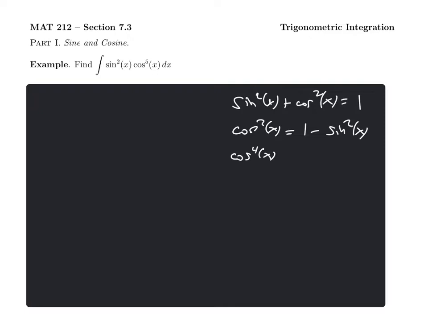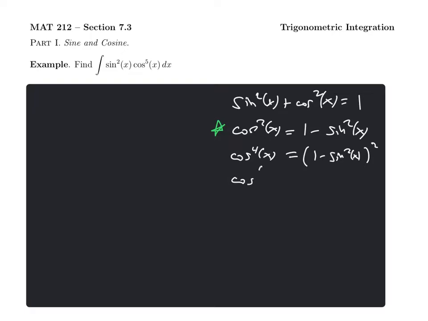That doesn't follow. What we can do to get an identity for cosine to the fourth is take the identity that we just wrote and square both sides. If you have cosine squared and you square it, you get cosine to the fourth. On the other side, you don't get 1 minus sine to the fourth. You just get 1 minus sine squared, squared. So you literally square that side.